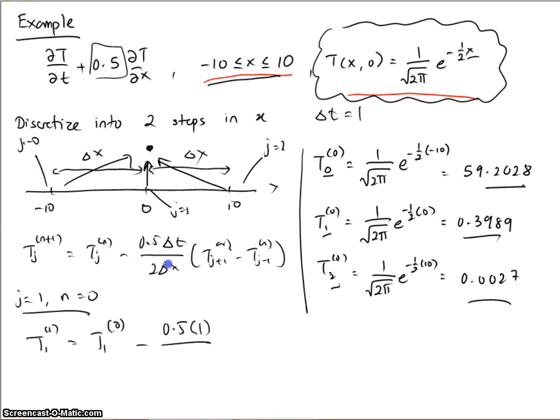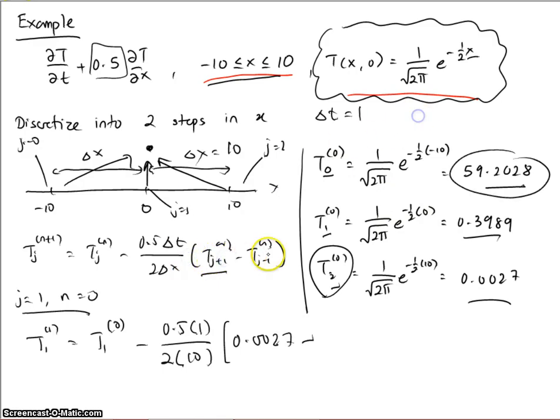So you have 0.5 times 1 over 2 times delta x, which would be equal to 10 here, and this would be T at j plus 1, which is your T2 here. So this would be 0.0027 minus Tj minus 1, which is this value. So if you calculate this, you get your value of temperature at the middle point at the next time step of delta t.